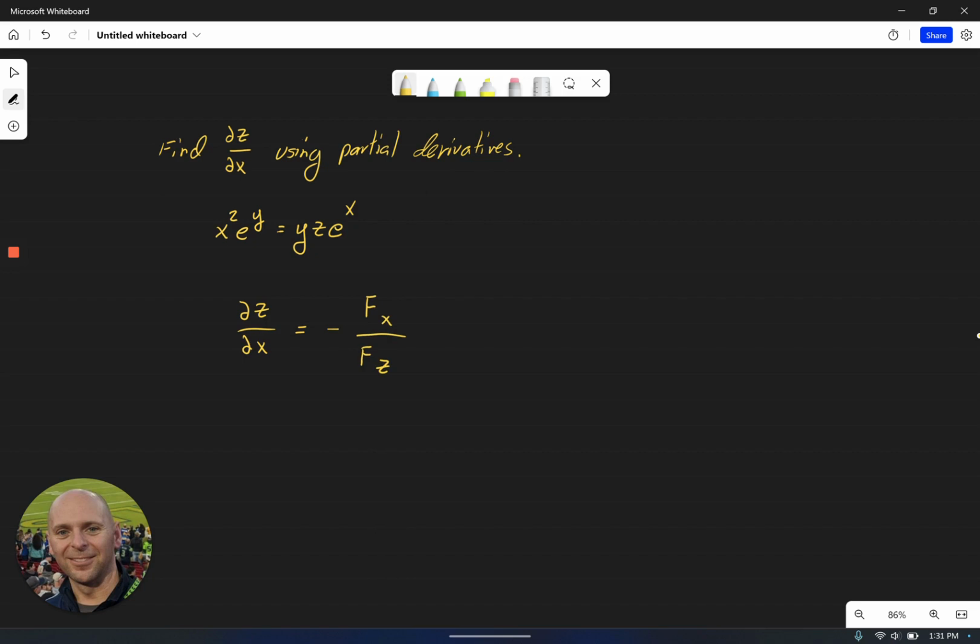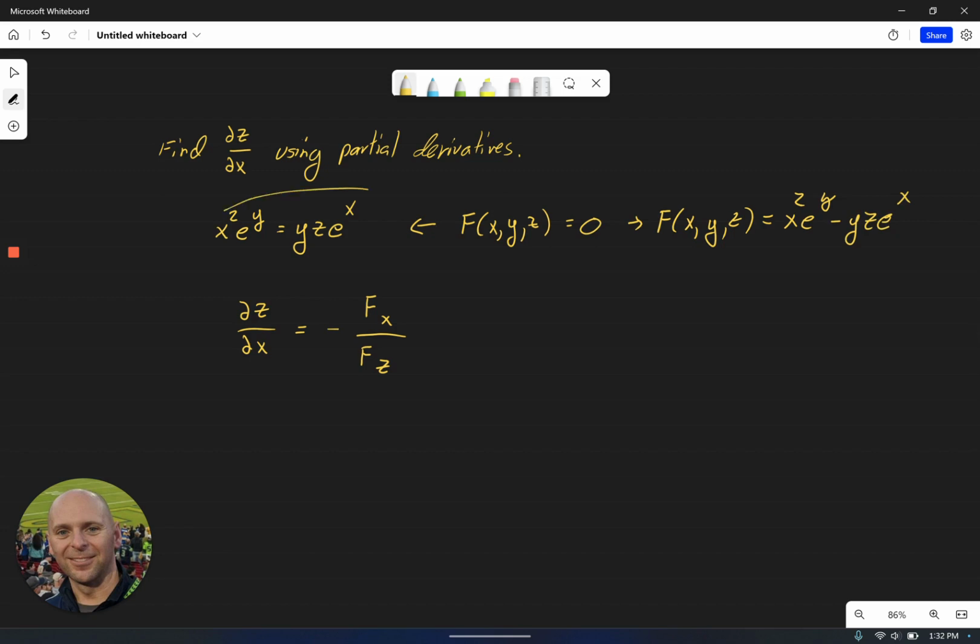And again, we're going to find F. In this case, it's a function of x, y, and z, by setting this thing equal to 0, and then ultimately that function that results is what F(x, y, z) is equal to. So that means I have our capital F(x, y, z) being equal to x²e^y − yze^x.